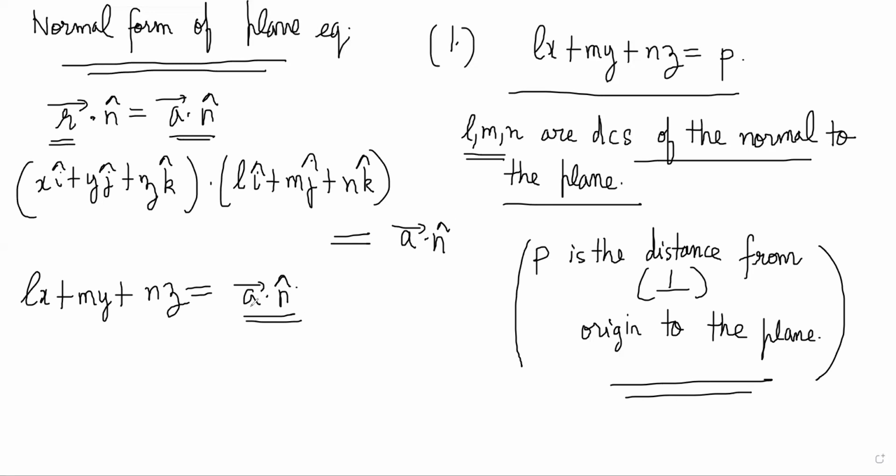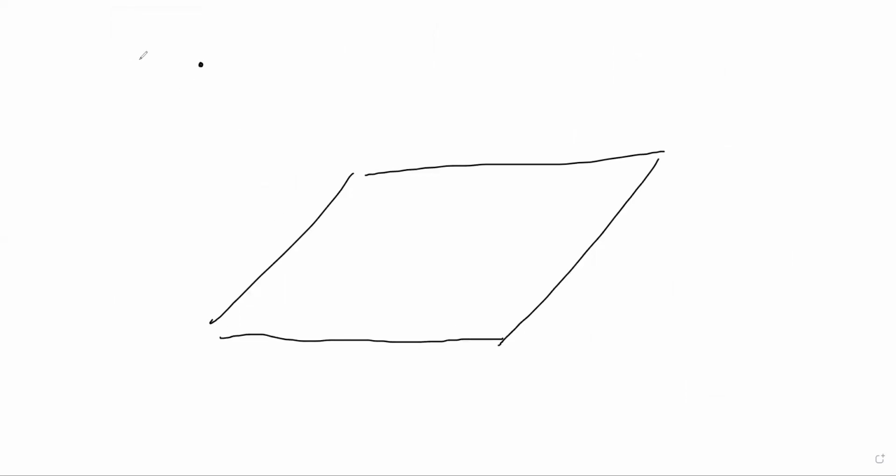So now, how is this a dot n equal to the perpendicular distance from origin to the plane? That we have to understand. If this is the plane, and let's say origin was here, and A was a point on the plane, this was the A vector, the position vector.